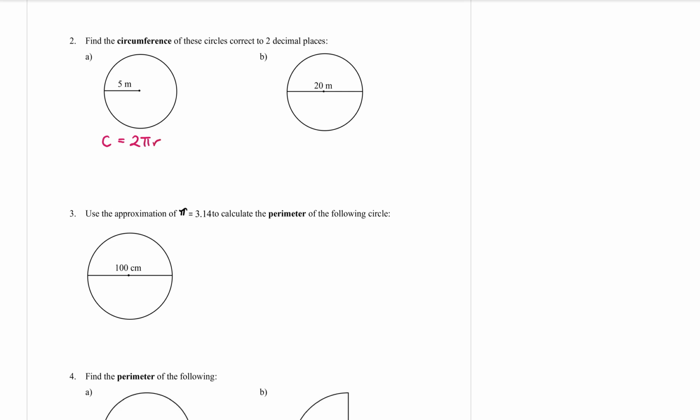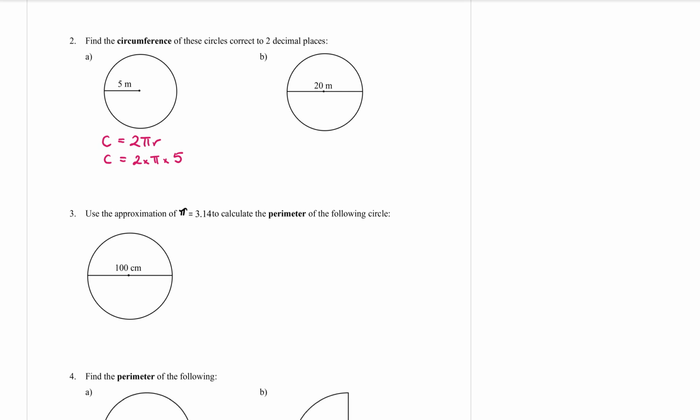So I just need to substitute in that the radius is equal to 5. So that means C is equal to 2 times pi times the radius, which is 5. Just put times signs between each of those things. Remember in algebra, when things are all next to each other, it means that they are multiplied.